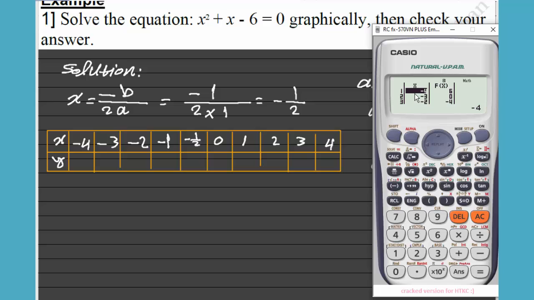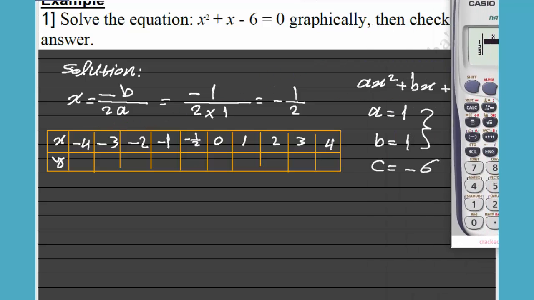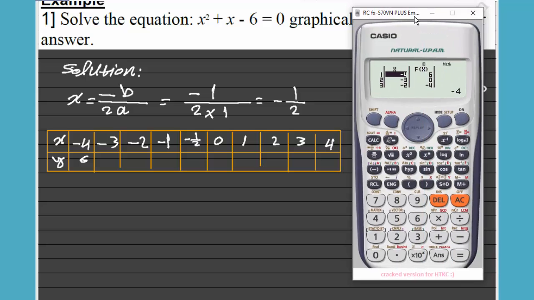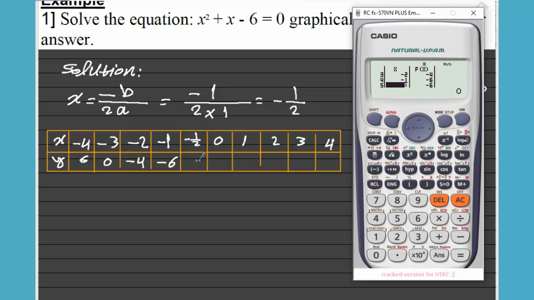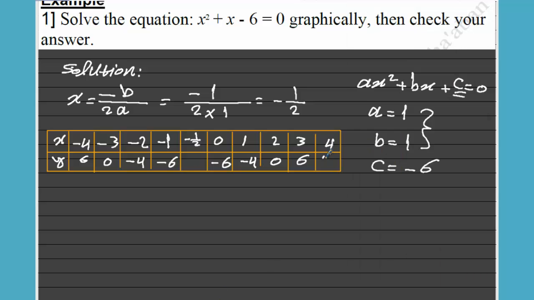Now when x equals negative 4, f of x equals 6, so I write 6, and we determine the y coordinate of the vertex.